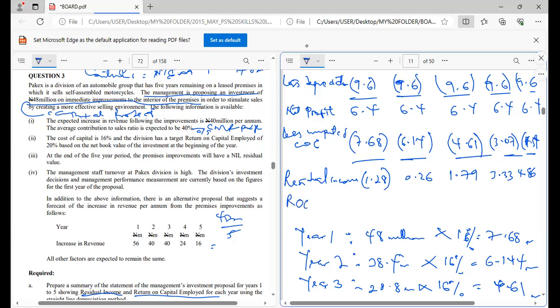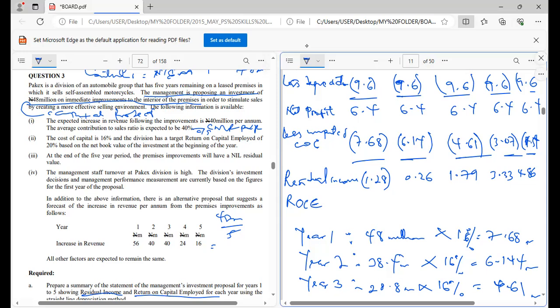Next one, return on capital employed. For the return on capital employed, simply say, for year 1, the profit of 6.4 divided by 48 million times 100.